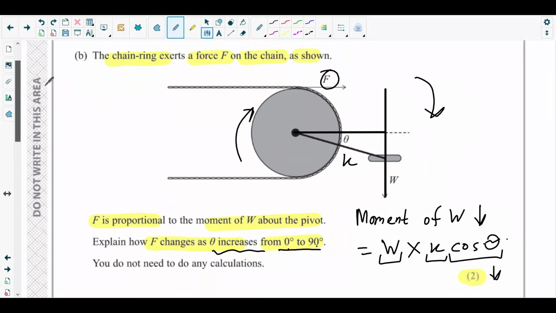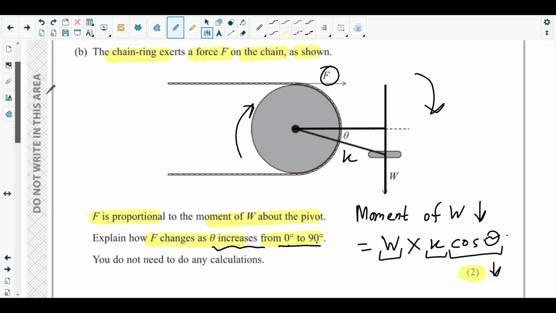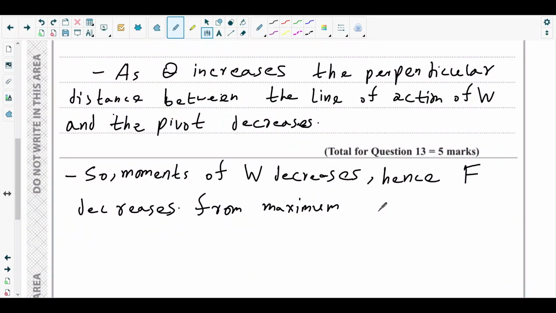It says proportional, so we don't know exactly what would be the maximum value. So just say maximum, from maximum to 0. So 0 when theta is 90 degree. When theta will be 90 degree, only then the force F will be 0.